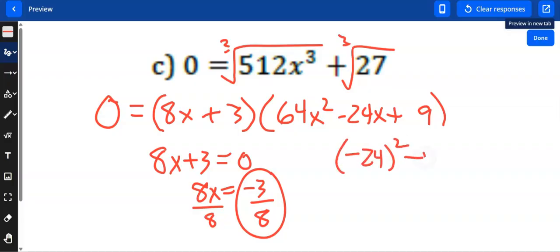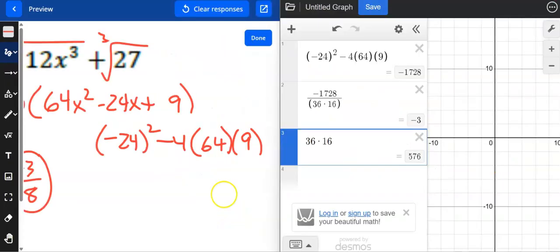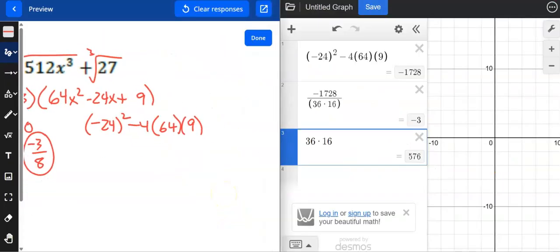B squared minus 4 times the c value. Let's go figure out what that is. So this ended up giving me negative 1,728. And the largest perfect square that I found that went in is 576.